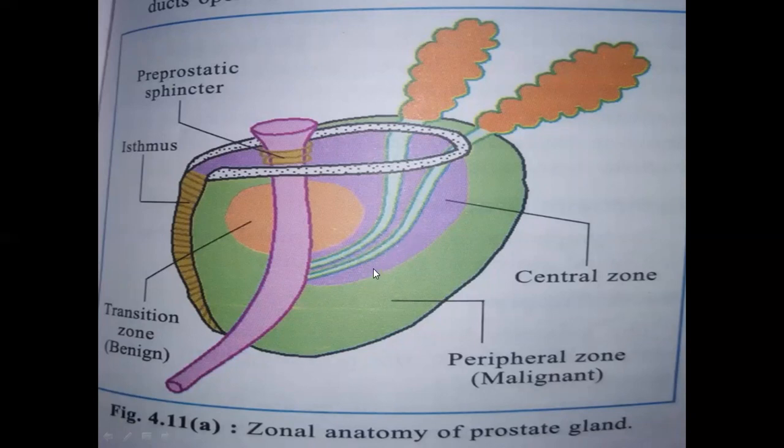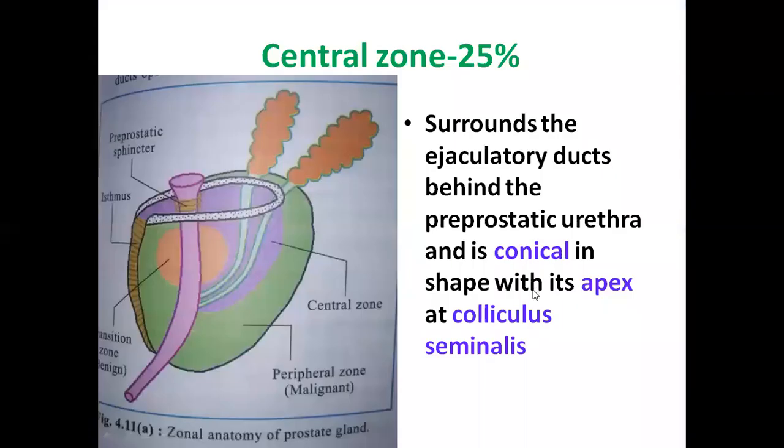The two ejaculatory ducts which are surrounded by this central zone, PC, then T. This zone is transition zone, that is more prone for early stages of cancer, which is called as benign prostatic tumor. Okay. The P zone is for malignancy, T zone is for benign changes of the prostate. Central zone is generally considered as safer zone.